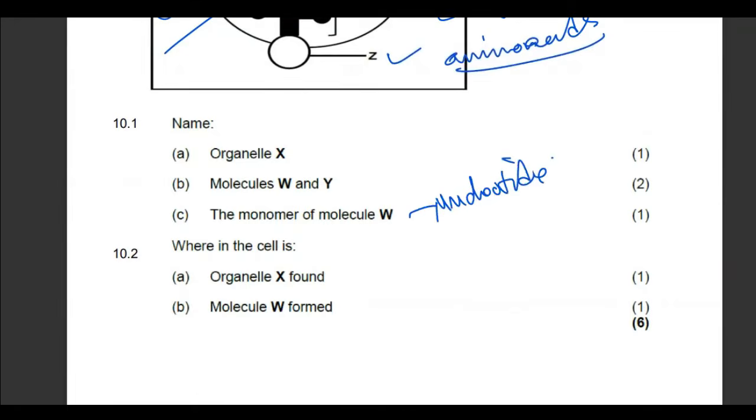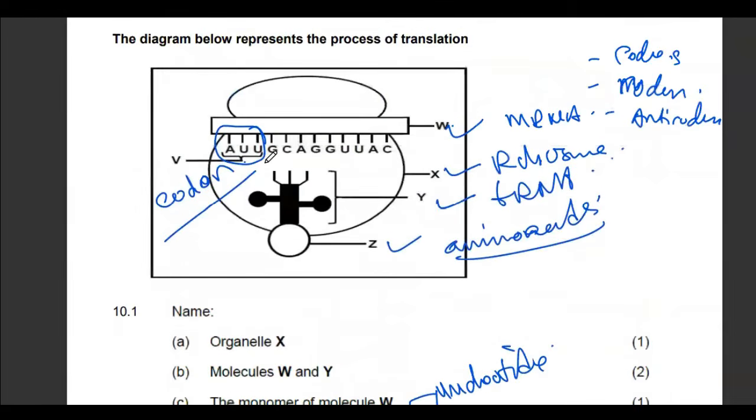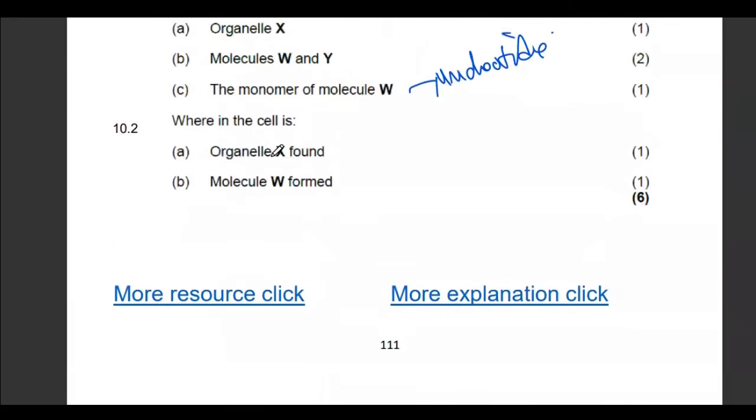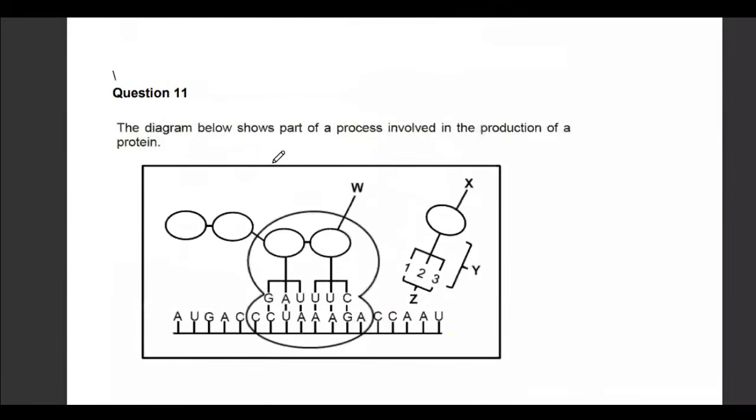And then molecules W and Y, we have seen them. W is messenger RNA, and Y is the transfer RNA, and organelle X, we have seen it, is a ribosome. So still the same thing.